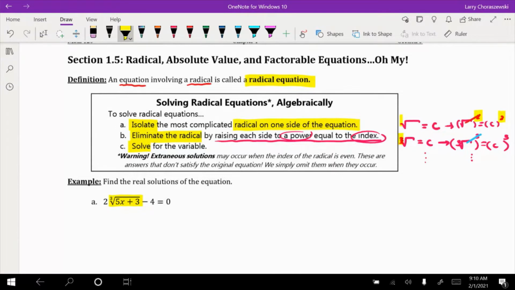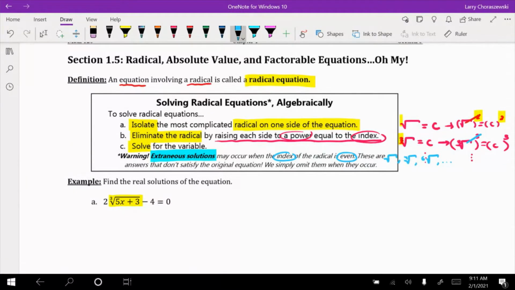The warning is this: we might get what's called an extraneous solution when we work with radical equations involving an index that's even. So it says here, warning, extraneous solutions may occur when the index of the radical is even. So for example, if we're working with a square root, a fourth root, sixth root, and so on and so forth.